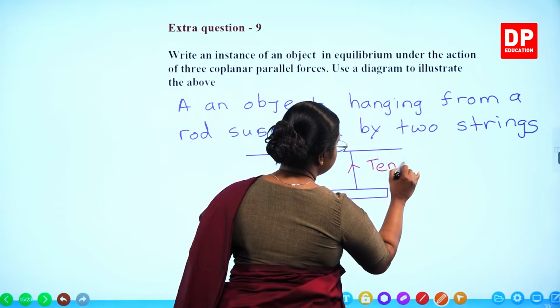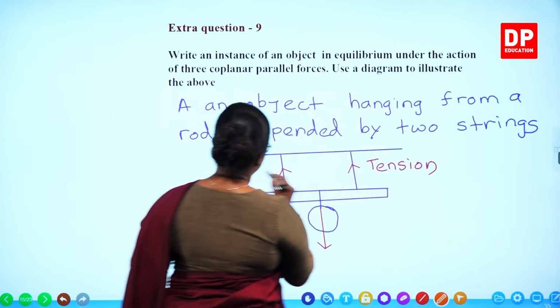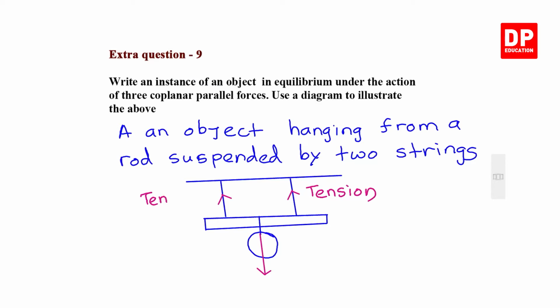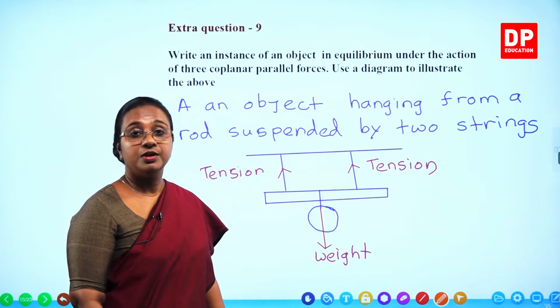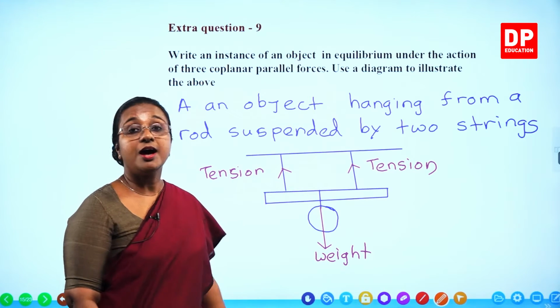So tension, here there is another tension. So two forces acting in one direction, they are parallel, and the third force, the weight of the object, acting in the opposite direction and also parallel to the other two forces.